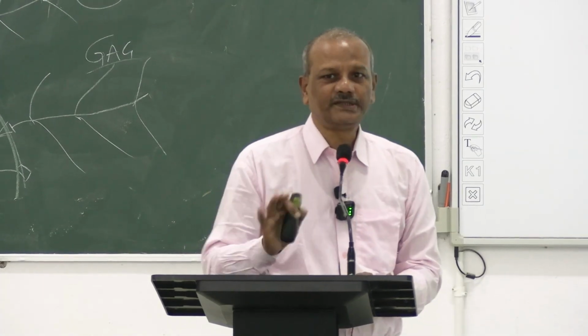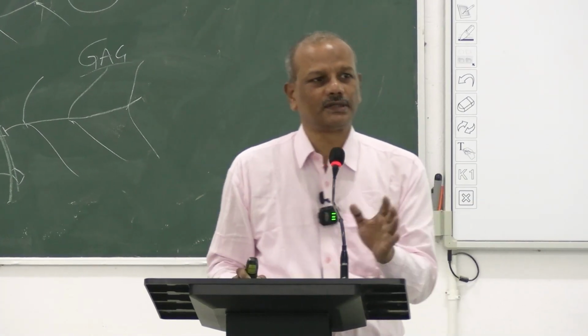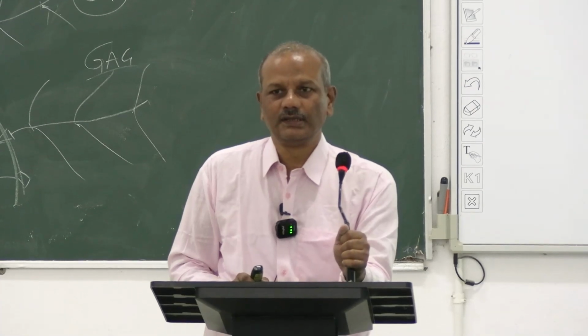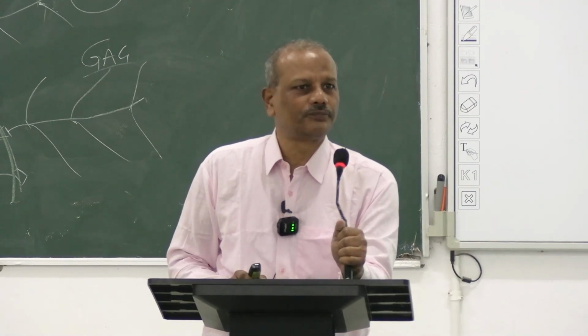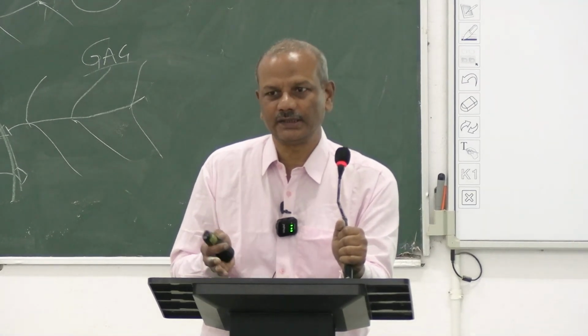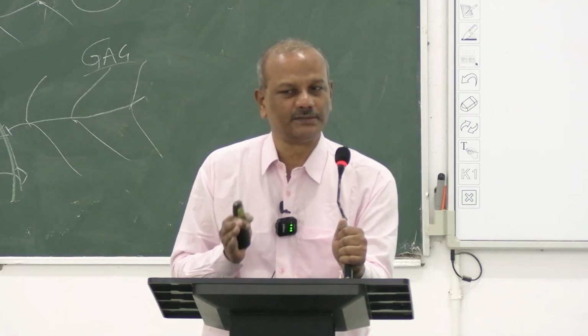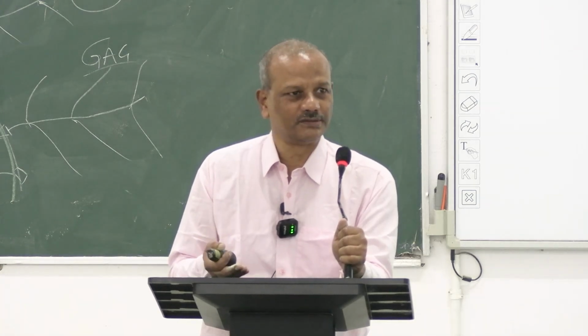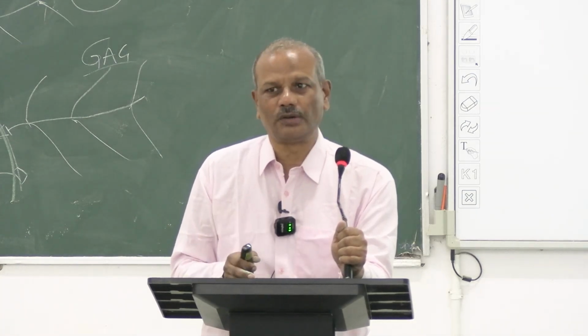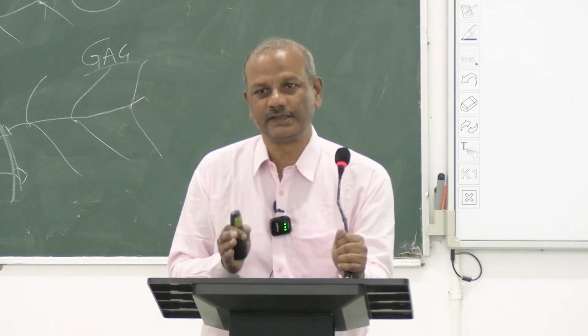So, basically, normally these glycosaminoglycans are formed. These are repeating disaccharide units. So, there must be a mechanism for formation. Now, once these are formed, they are also required to be degraded.